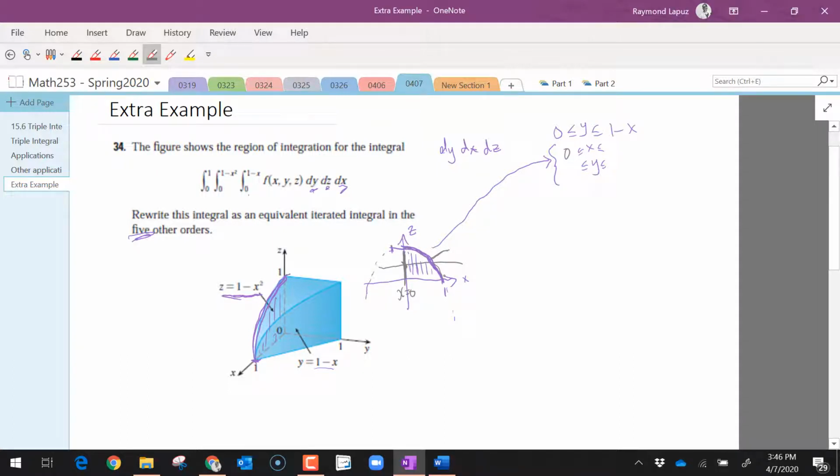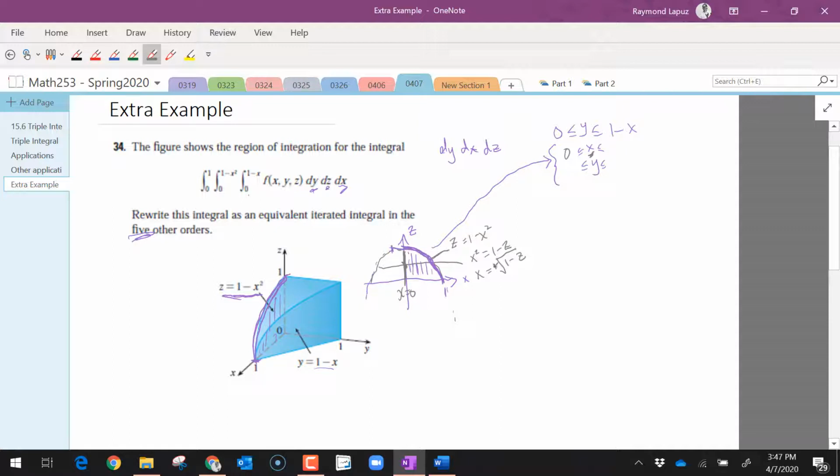Now that parabola is z equals 1 minus x squared. This is z equals, but I want an x equals parabola, so I would solve for x. Let me do this in 2 steps. x squared equals 1 minus z, and then take the square root. x is technically the positive and negative of this, but the negative would fall on the other side, which we don't care about.